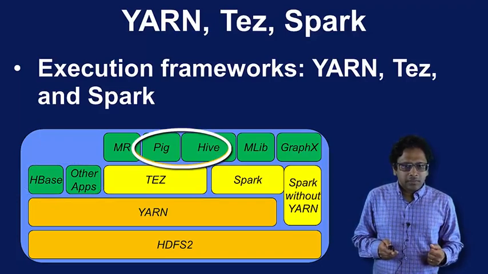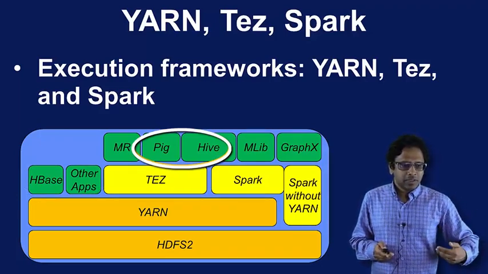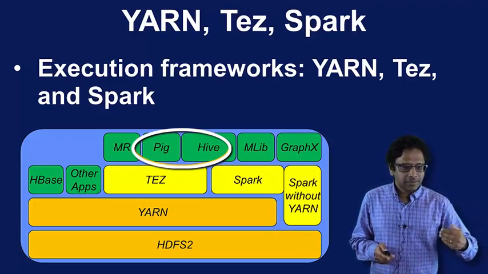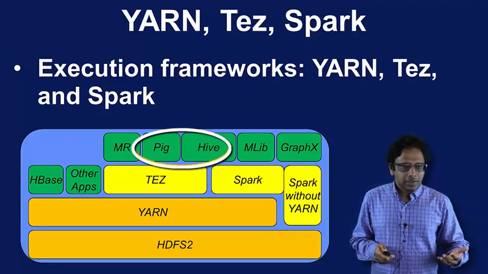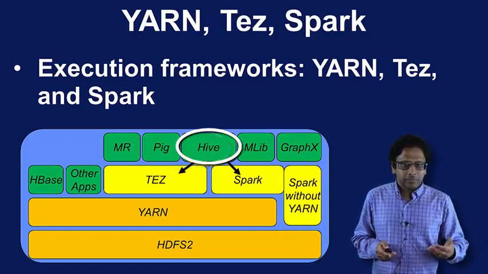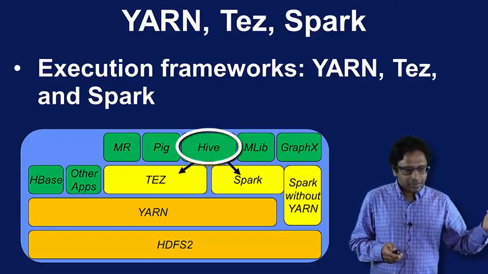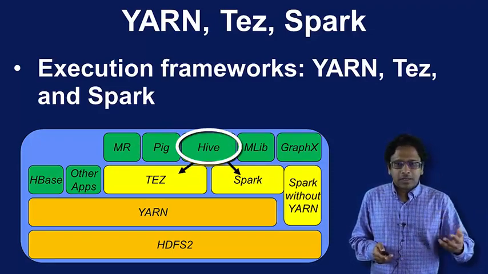There are other applications like Pig and Hive that could use the optimized newer engines like Tez that itself works through Yarn. And some of these applications have backends that work either with Tez or with Spark going through Yarn. Either way, there are lots of options.